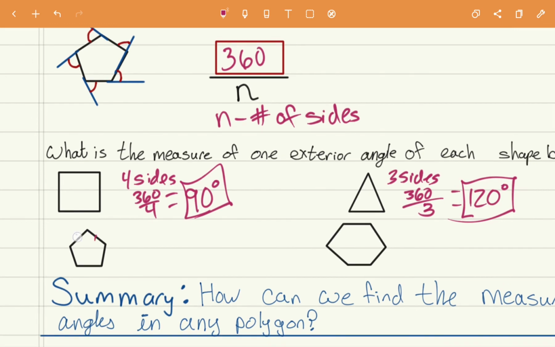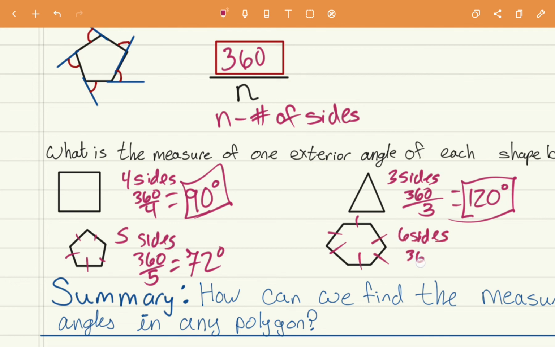Okay. You got 1, 2, 3, 4, 5 sides. 360 divided by 5 equals 72 degrees. And we have 1, 2, 3, 4, 5, 6 sides. So we got 360 over 6, which gives us 60 degrees. And that is for exterior angles, so the outside angles.